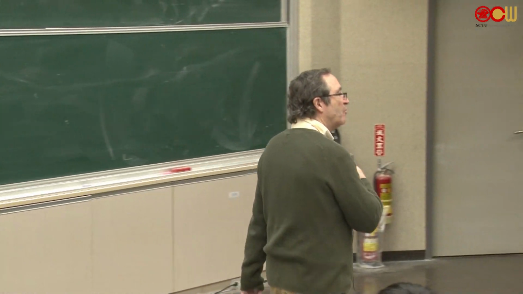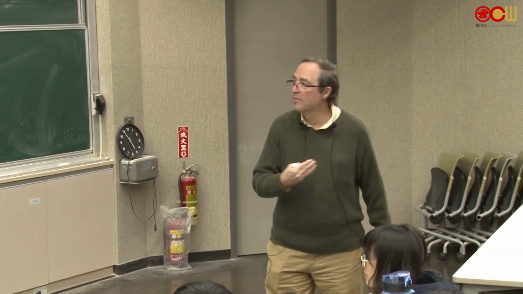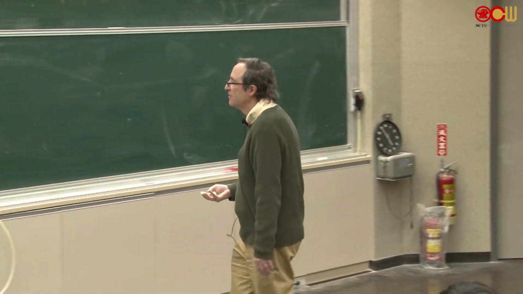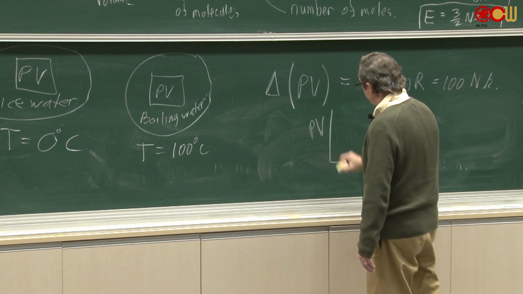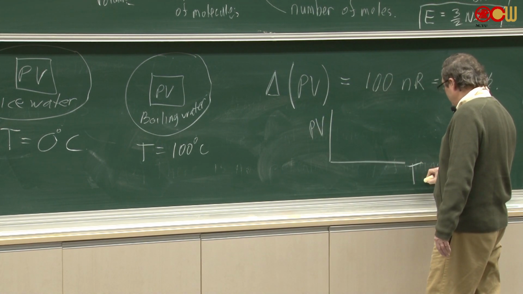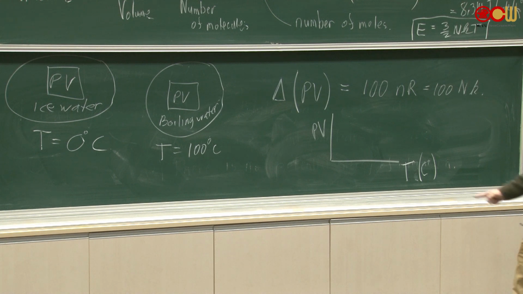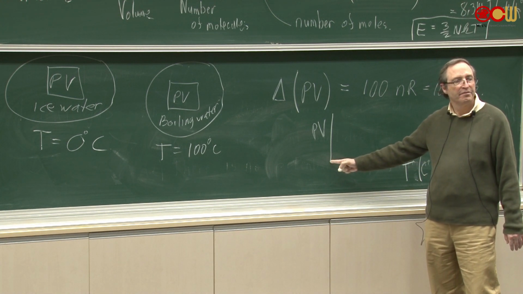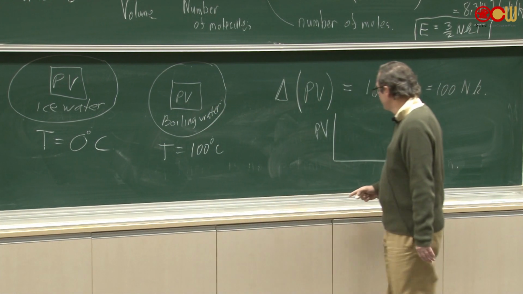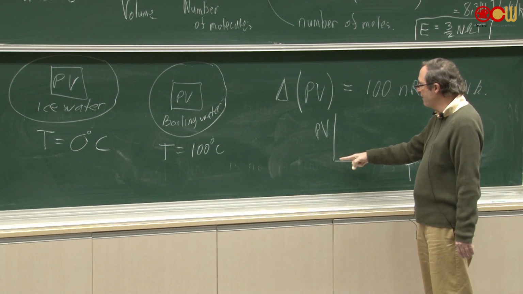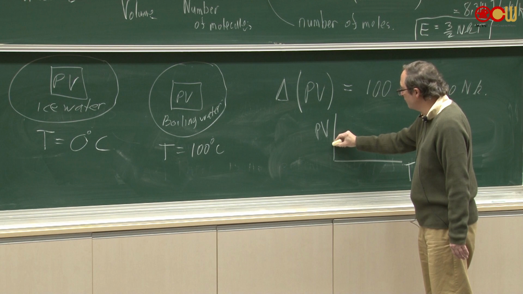But clearly there's a problem here, because if I plotted PV versus T centigrade, it's not going to go to 0 at T equals 0, right? At T equals 0, there's a certain value there.